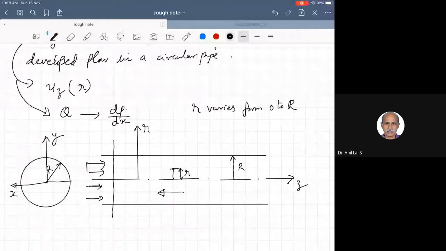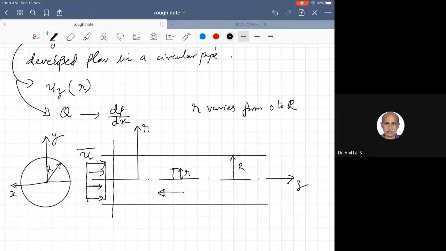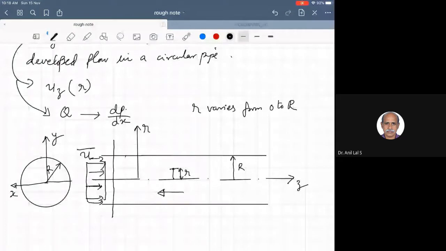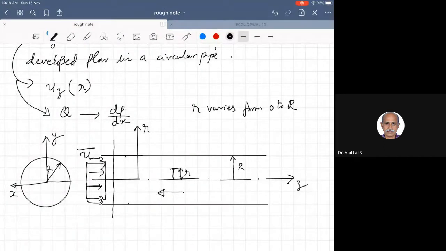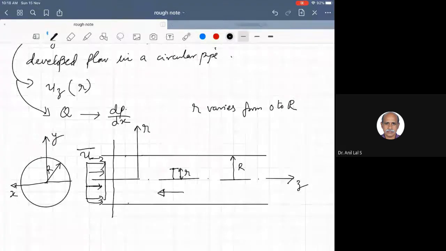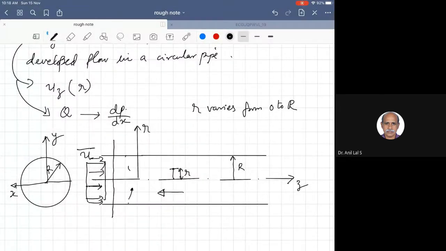At the entry, the fluid velocity is an average velocity, that is uniform average velocity at the entry. Because of the wall and no slip conditions, and stopping of the flow near the walls, there will be a displacement of fluid particles towards the center.